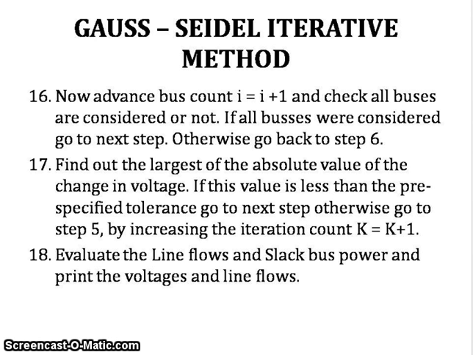The difference between the Gauss method and the Gauss-Seidel method: in the Gauss method, when we are computing the value of delta V, we will be using the last iteration values, Vk and Vk plus 1. But here, when we are computing various parameters, active power, reactive powers and voltages, we will replace the voltages by the latest known voltages in that iteration.